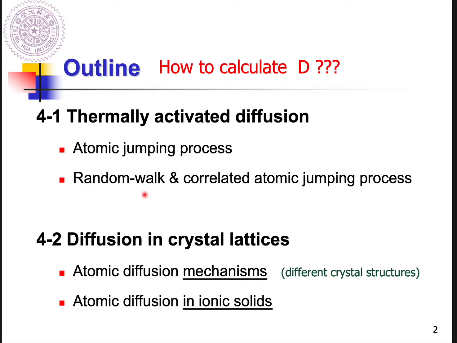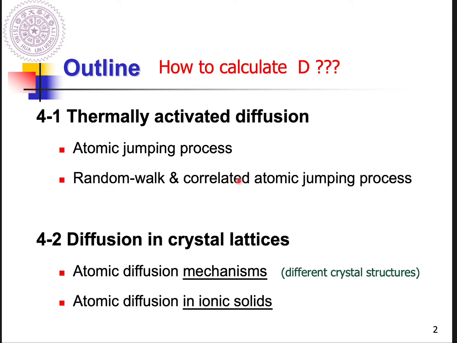In this lecture, there are two different jumping processes. The first one is the random walk. That means this jump is not related to the previous jump or the next jump. We call it a random jumping process.